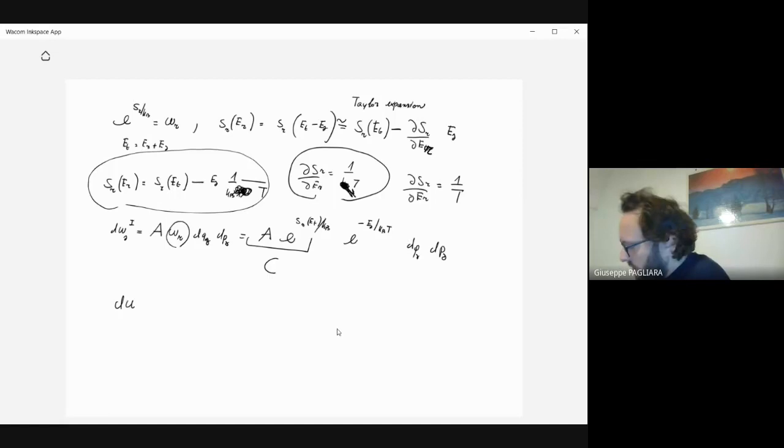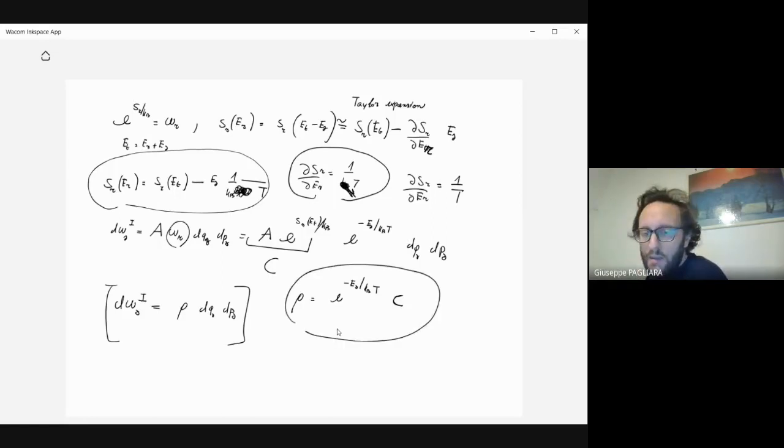So d omega Si integrated over the states of the reservoir can now be written as rho times dqs dps, where rho is equal to e to the minus ES divided by kBT times this normalization constant C. And how do we normalize this rho?